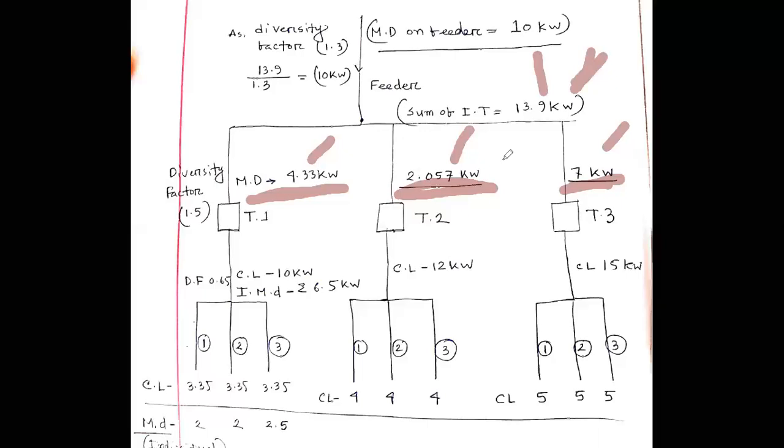in the question you see that the diversity factor is given. The diversity factor given is 1.3. What does it mean? It means that these 3 transformers do not reach their maximum demand at the same time.